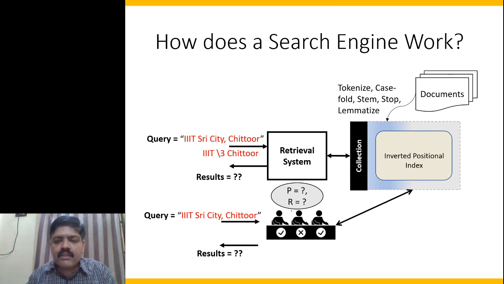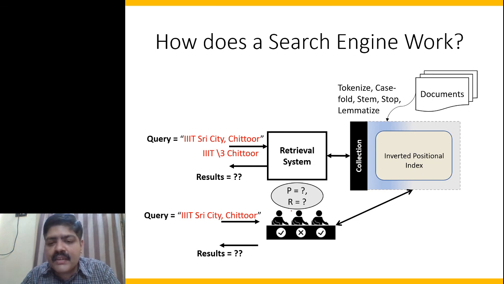You retrieve 20 documents and ask how many of them are relevant, and judges could say this is relevant, this is not relevant. So computing precision is easy that way, but computing recall is going to be very difficult because judges need to know how many relevant documents exist in the system. They need to know all the relevant documents in the system to compute recall, and that's usually a big challenge.